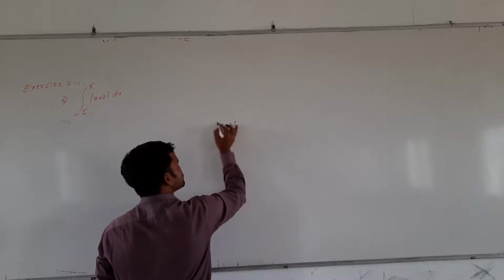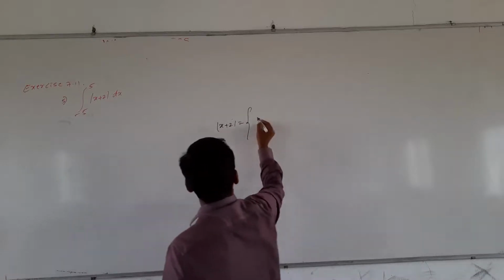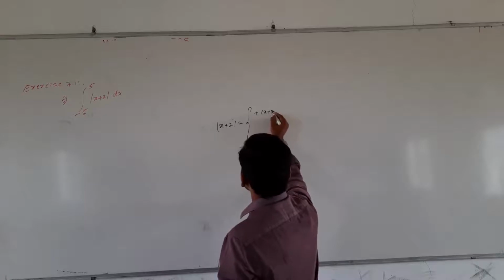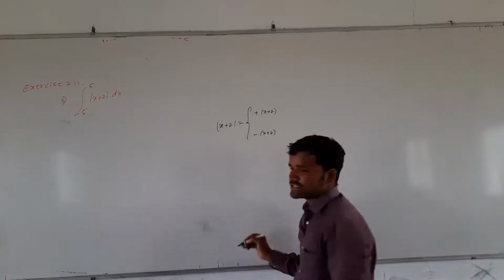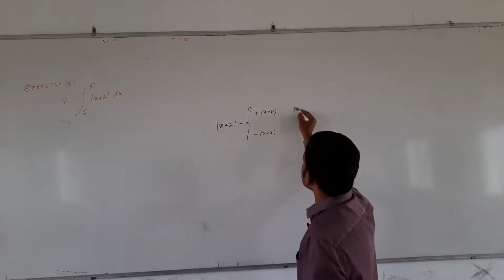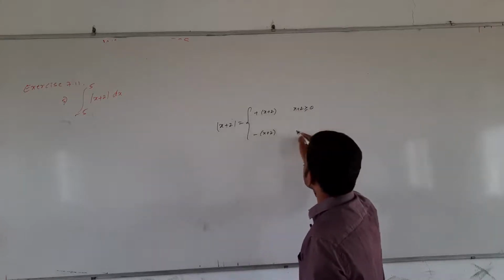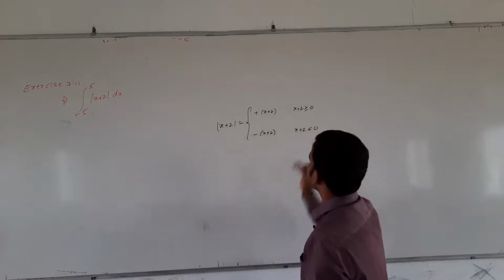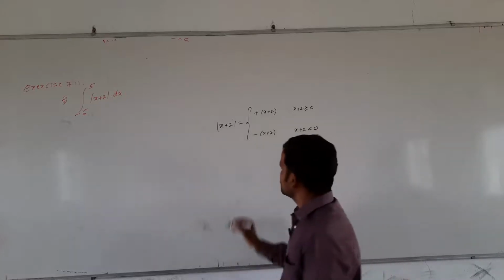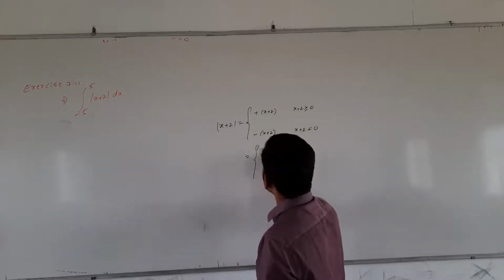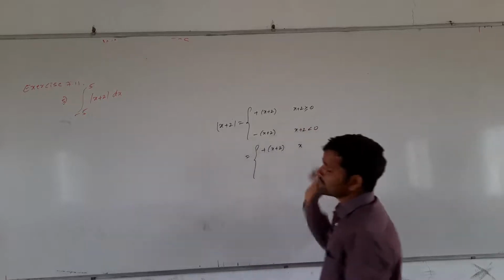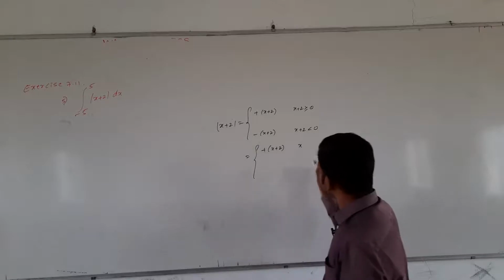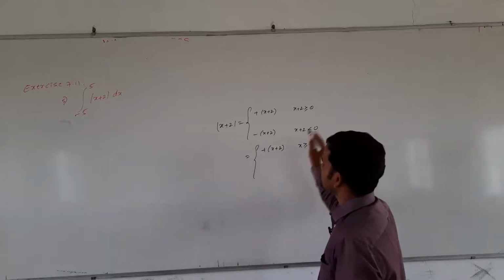Modulus of x plus 2 is equal to plus of x plus 2 and minus of x plus 2 depending on the condition, like when x plus 2 is greater than or equal to 0, and when x plus 2 is less than 0. This is equal to x plus 2 when x plus 2 is greater than or equal to 0, means x is greater than or equal to minus 2.